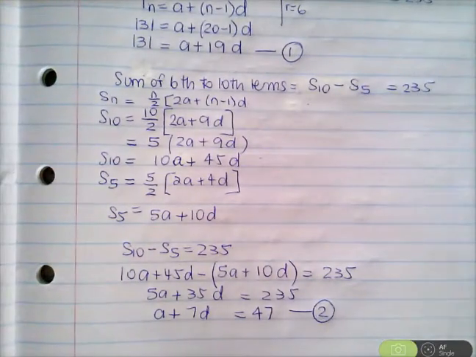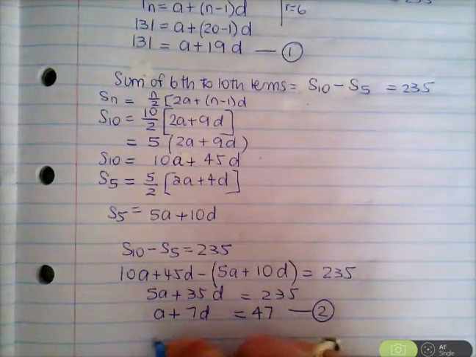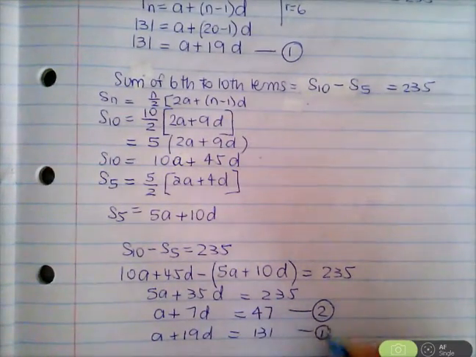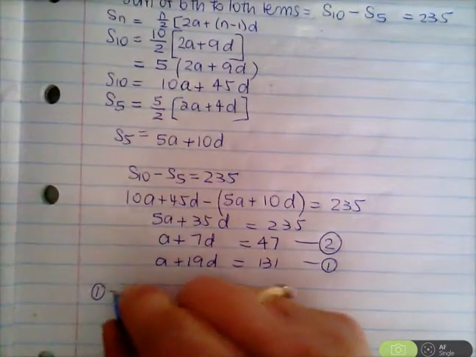Okay, so here are my two simultaneous equations. I'm going to write equation 1 underneath this one as well. So a plus 19d equals 131, rewriting equation 1. So now to work out what a and d are, I'm going to do equation 1 minus 2, because that will lead to no negatives.